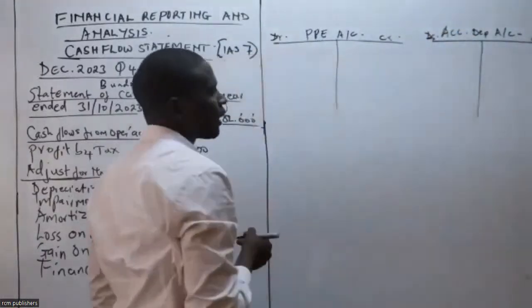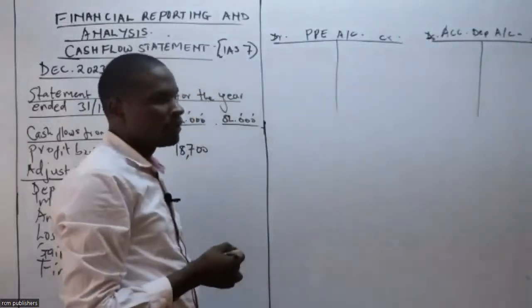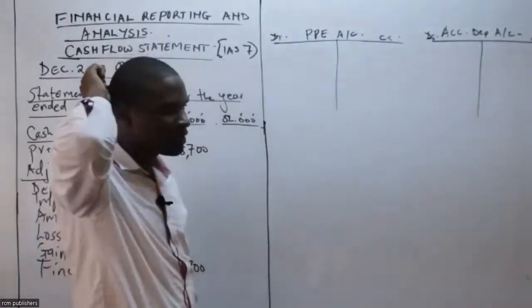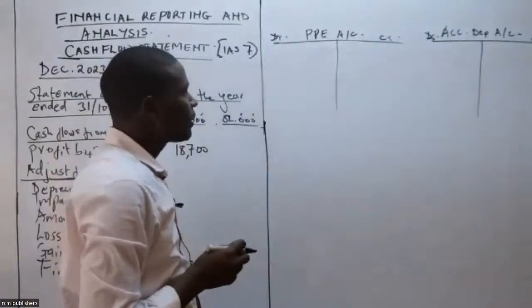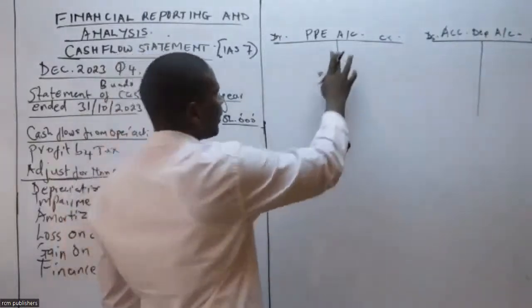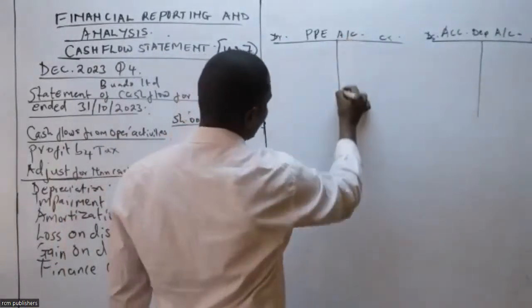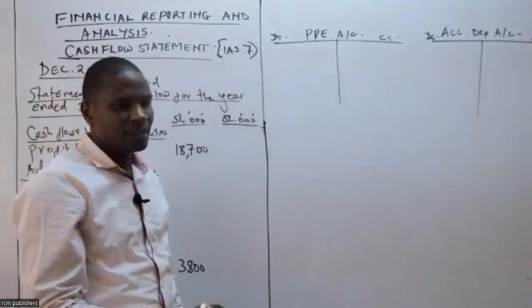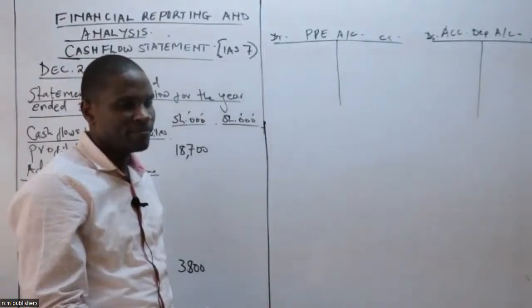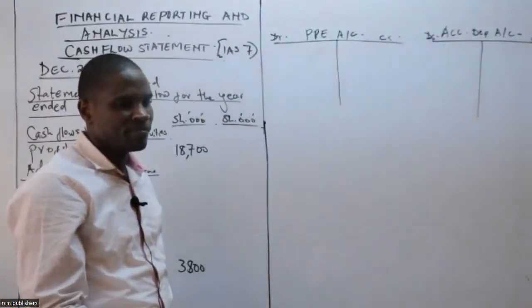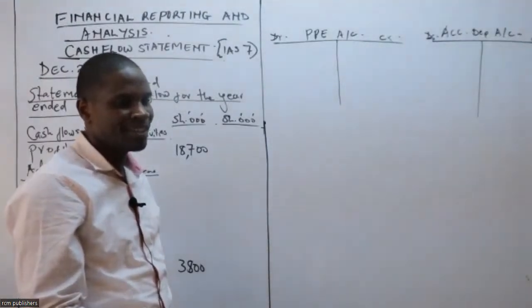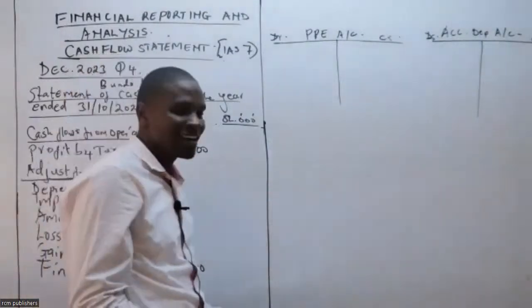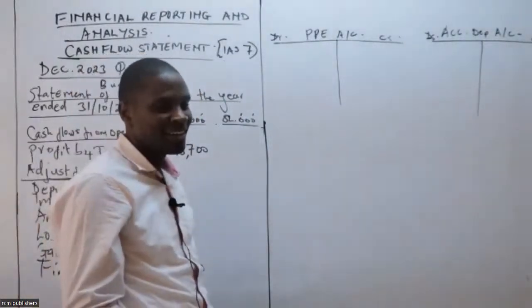So somebody tell me, does my PPE account have a debit balance or a credit balance? PPE account, debit or credit, very fast. This is an asset. It has a debit balance.